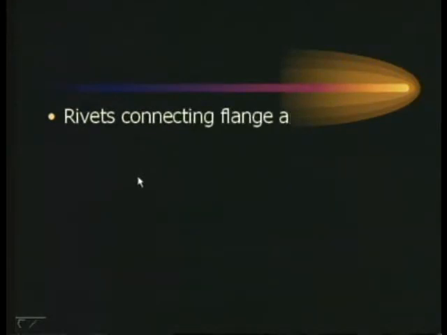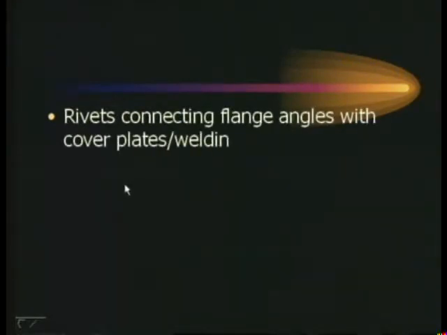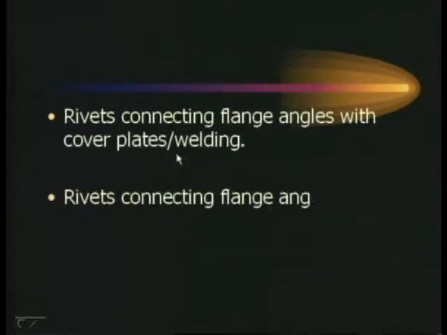What is the first one? Web plate. And before I take up the web plate, you see here we also need riveted connections. I told you we have to connect the flange angle to the web plate, the flange angle to the flange plates. So these are the riveted connections which are also to be designed.